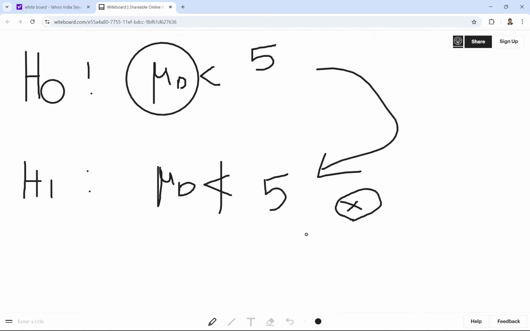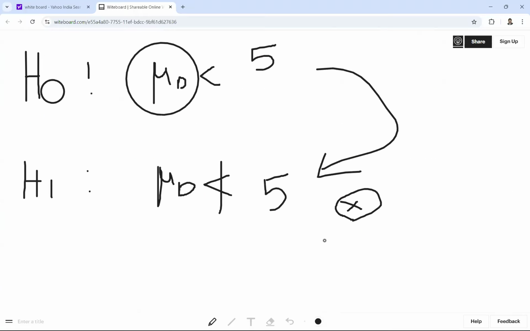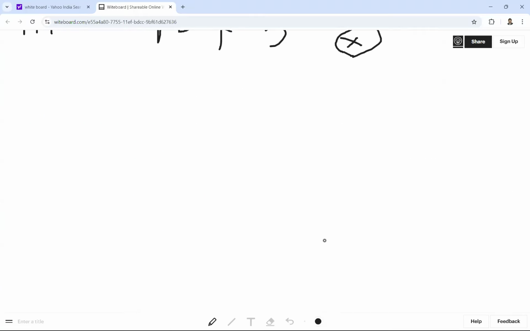The question is mentioning only one boundary, right? They are not mentioning two boundaries. With that, you can say that there is only one tail, either upper or lower. So they are saying it is less than 5. Less than 5 means what? 5 is the upper boundary. This is your normal distribution. Somewhere here is 5.